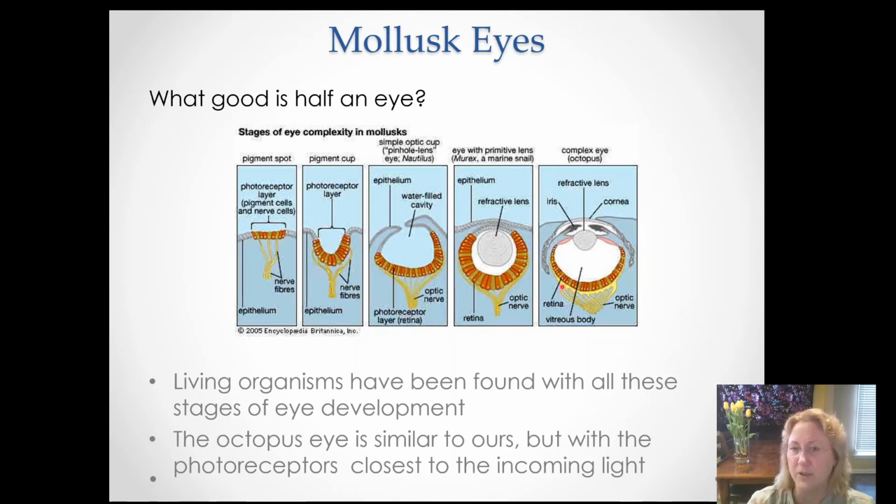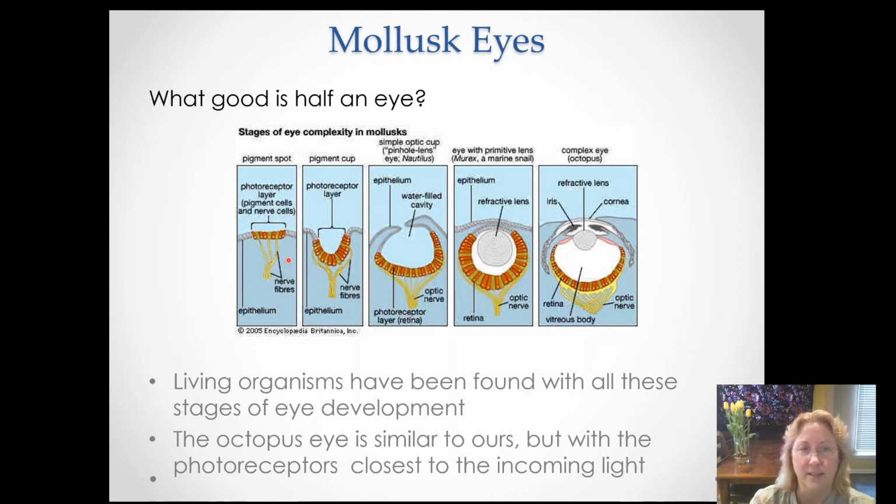So very similar to our own eye, but we know that this evolved completely separately, that the similarities we see are the result of convergent evolution. This eye is analogous to our eye, not homologous.